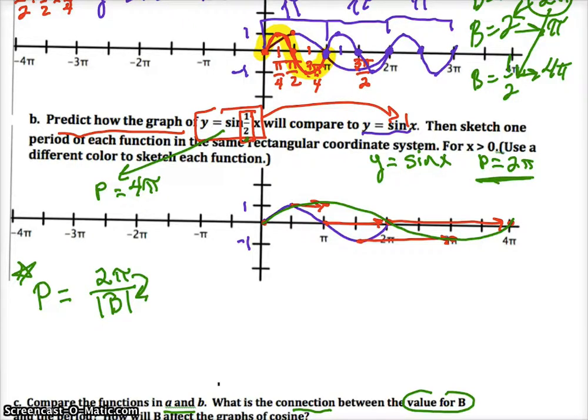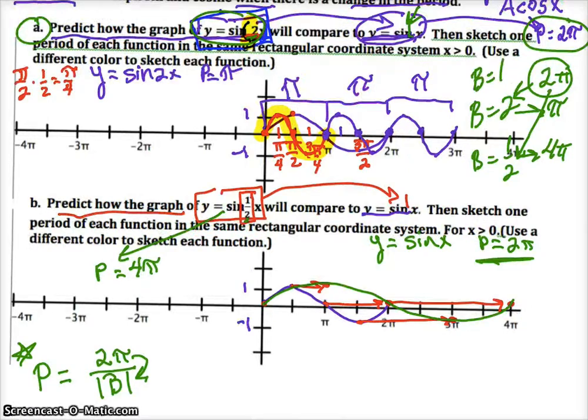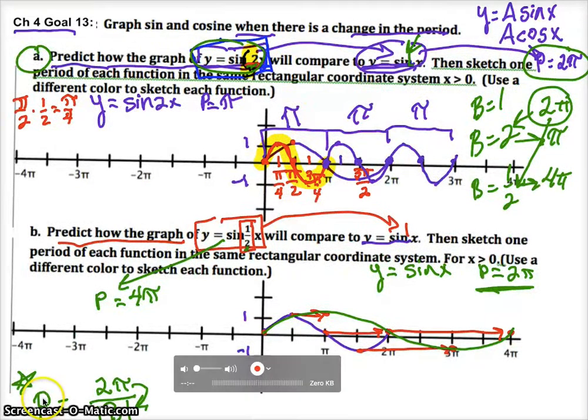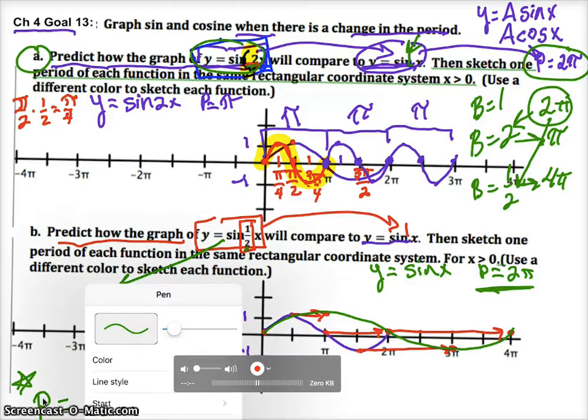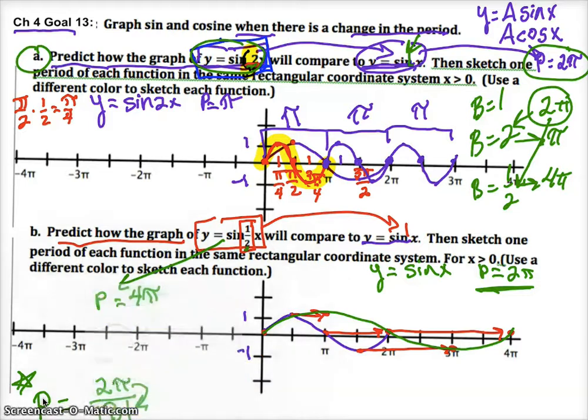But there's one more thing that I want you to notice about how the value of b affects the function. If we look at example A, b was equal to 2, and the period repeated itself not once, but twice between 0 and 2 pi. Let me say that again. In example A, the coefficient of x was 2.